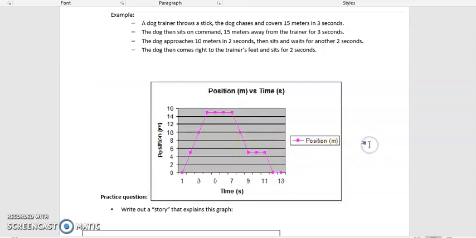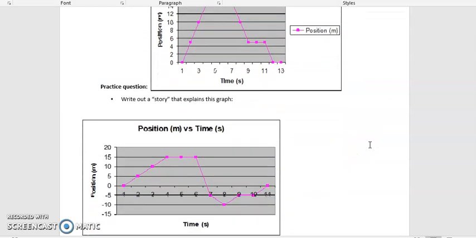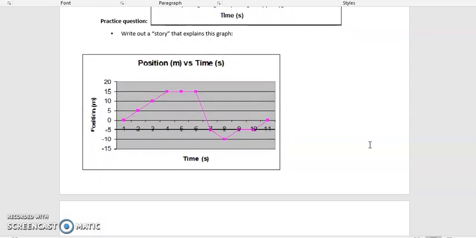Okay, so take a look through that, and then there's an example here for you to write out a story. So make sure you're noticing in this story that this is a position of 0, that whatever you're going to make your story about is traveling up. It then goes past that point, okay? So past a point of 0.